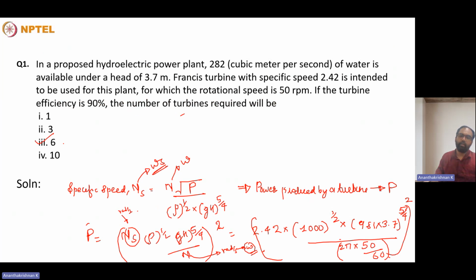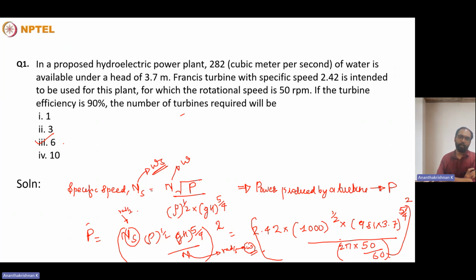This question was to determine the number of turbines based on the total power produced by all the turbines together and the power produced by an individual turbine. So you can determine the actual power produced by a single turbine from the specific speed analysis. Note that it is dimensional specific speed, so we have to include the RPM, the speed value in terms of radian per second.